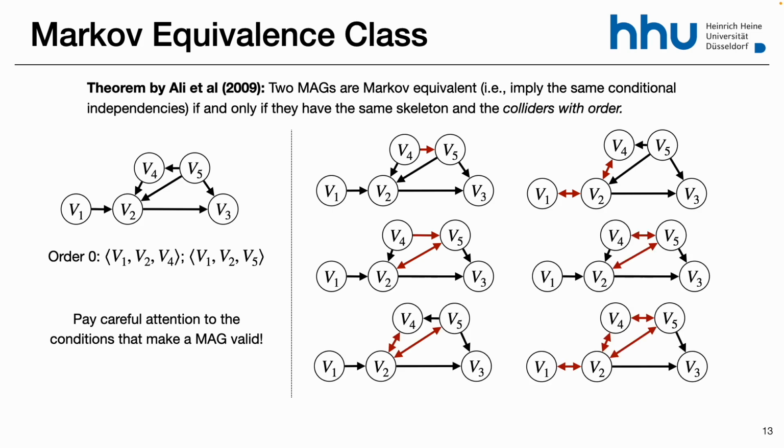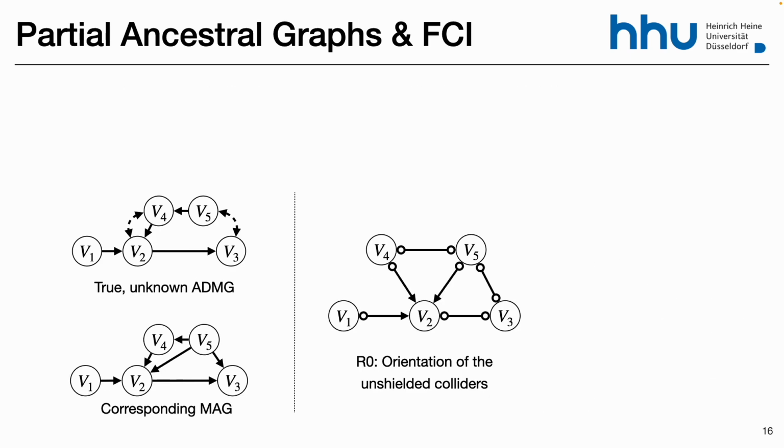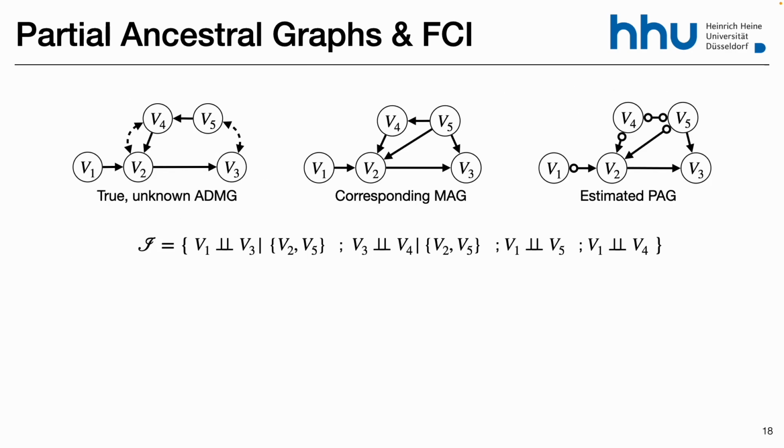And because of this class of MAGs, which will form a PAG, we will have things that are not necessarily invariant. So that's a case where I can construct something where it's not an ancestor. And in a PAG, this is going to be represented by this circle, right? So we have a circle there.